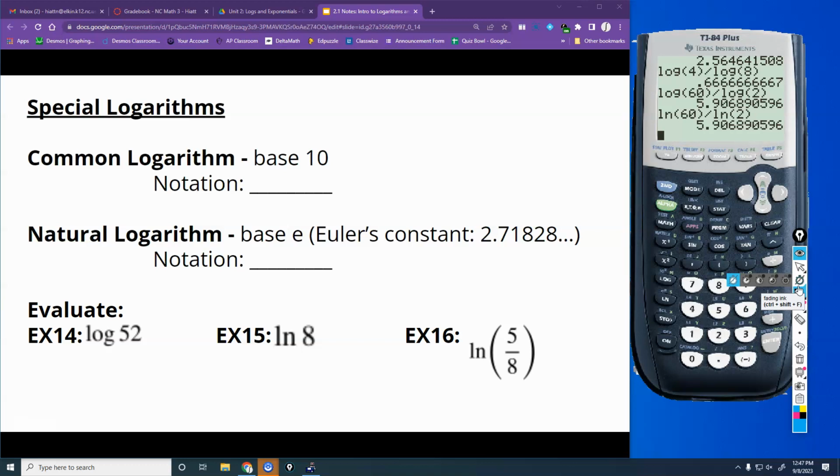Whenever we're doing a common logarithm, we just write log. This button on your calculator that just says log is a common logarithm. It's got a base of 10. So if you see log written without a base, assume that the base is 10. If it's anything besides 10 or e, they will put the base there.